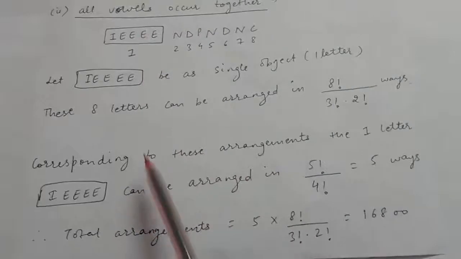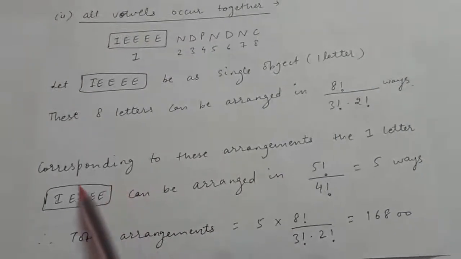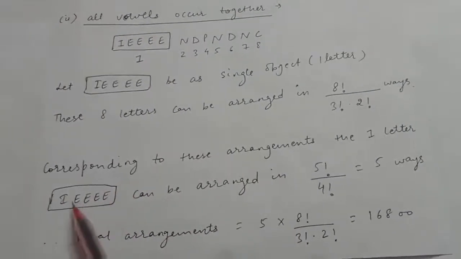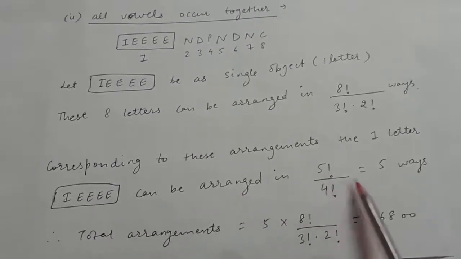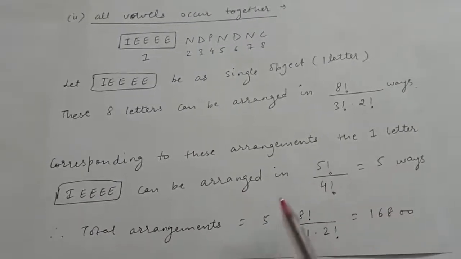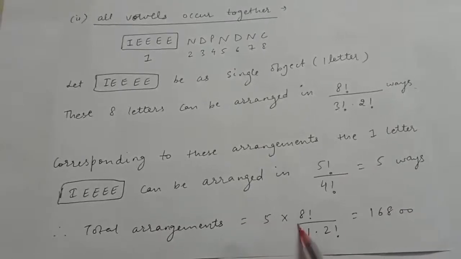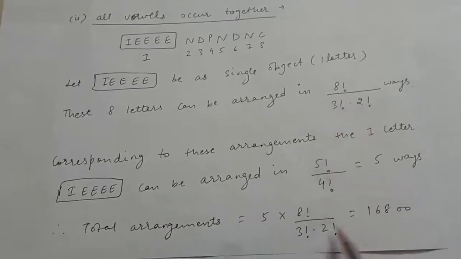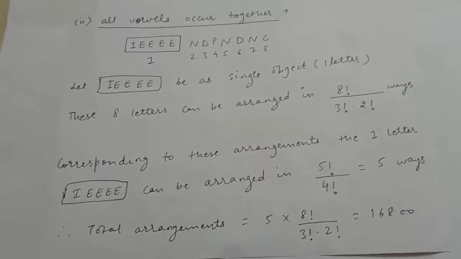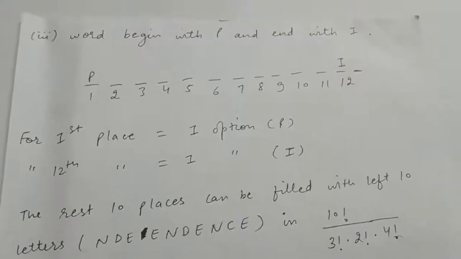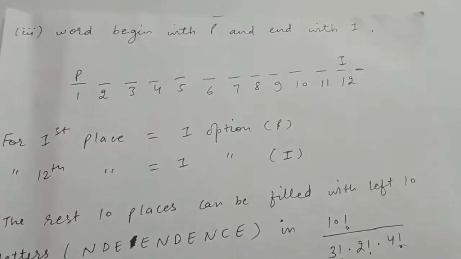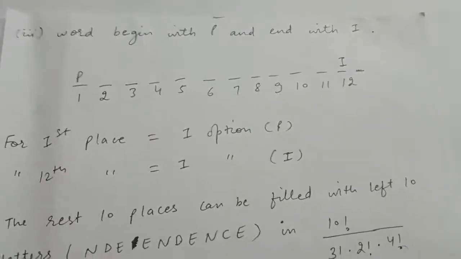Now we are calculating the permutation of this one letter, which actually contains 5 letters. It can be done in 5 ways, right? So total arrangements will be 5 into this, which will be this, right? 16,800.